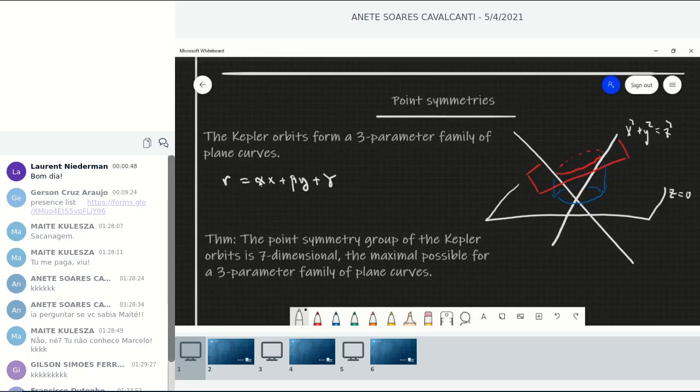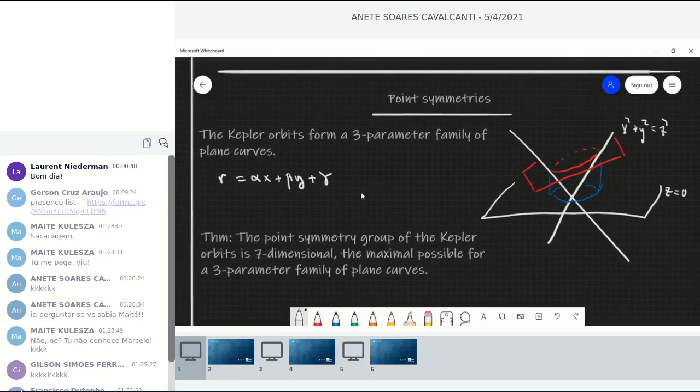So if we like, we can write them in this way: alpha, beta, and gamma being the parameters, and r being the radial distance from the sun. And there's this nice picture expressing this formula. To obtain a Kepler orbit in the z=0 plane, you orthogonally project the intersection of this right cone with a general affine plane.